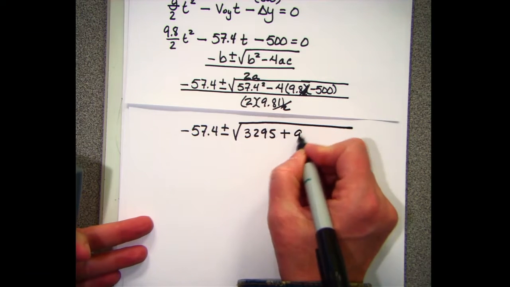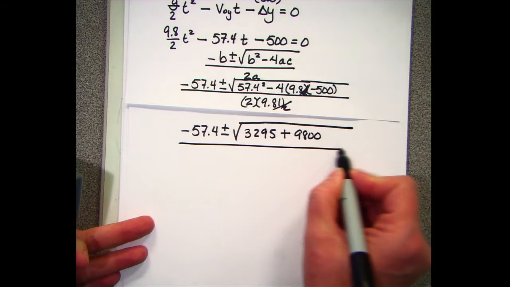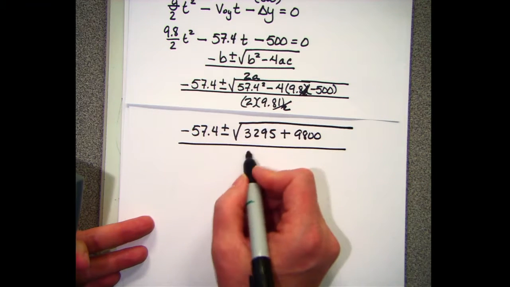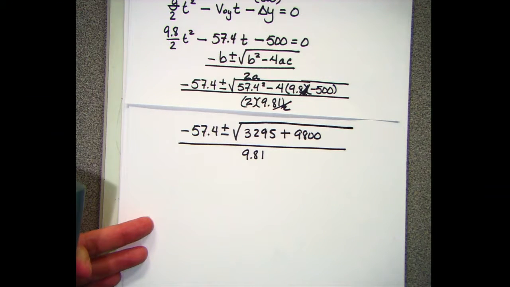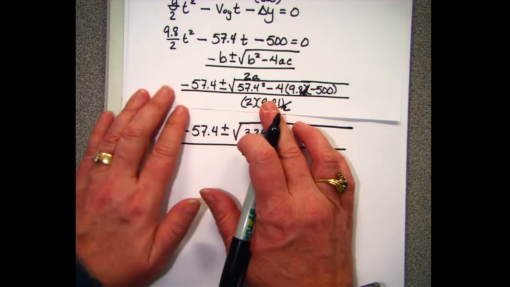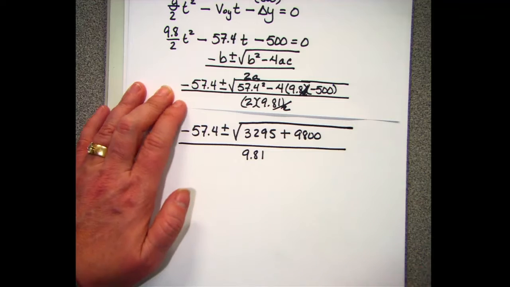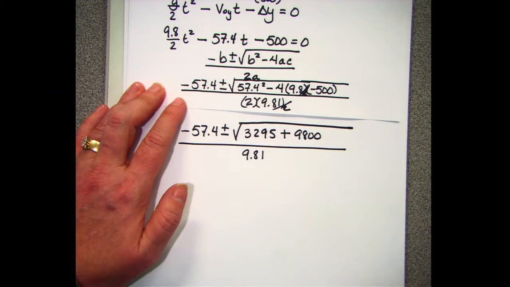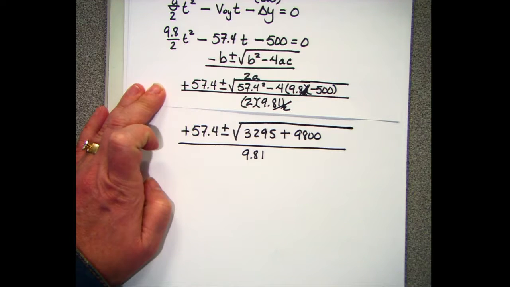This ends up being 9,800. If I've done my punching into the calculator right, these two cancel, so I get 9.81. And you guys let me get away with it. Nope, that's okay. That minus is all right. That minus is okay. But that minus should be a plus. Everybody see where I made the mistake?